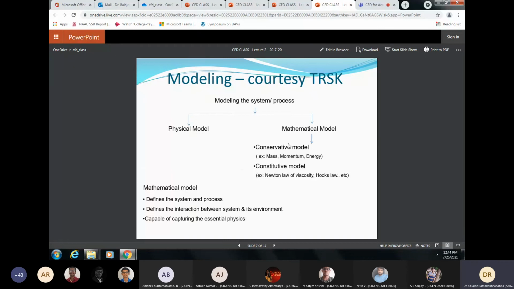Physically, you may have the concept that mass is conserved, right? Now you say that mass entering the volume is equal to mass going out of the volume if there is no accumulation of mass inside the volume. These are physical statements. How do you convert them into mathematical equations?